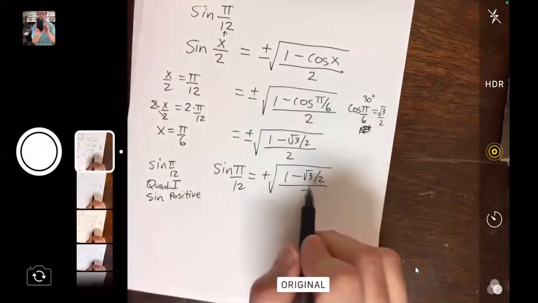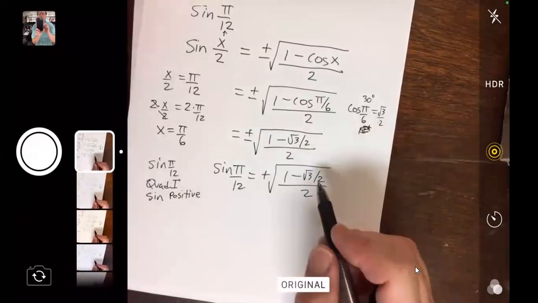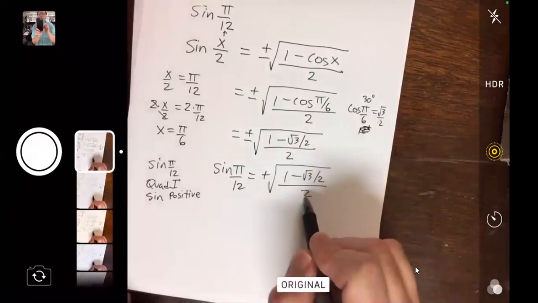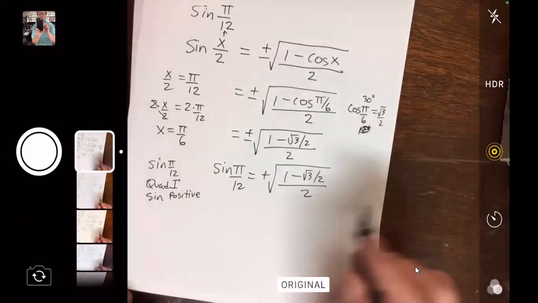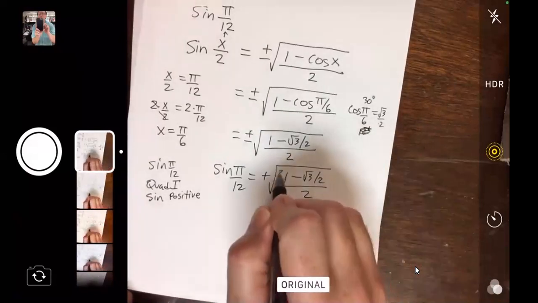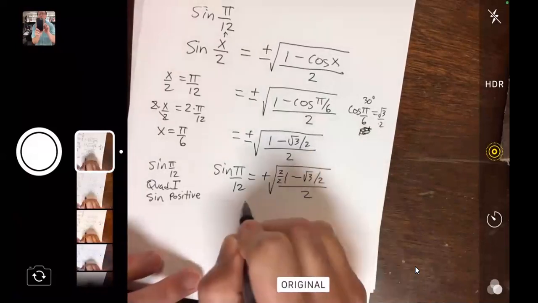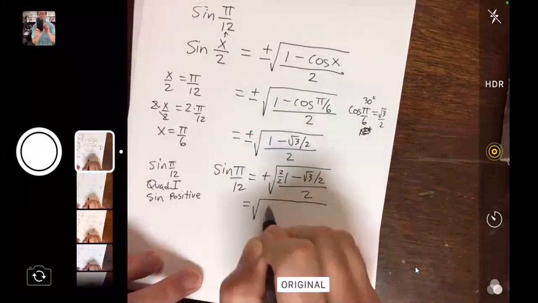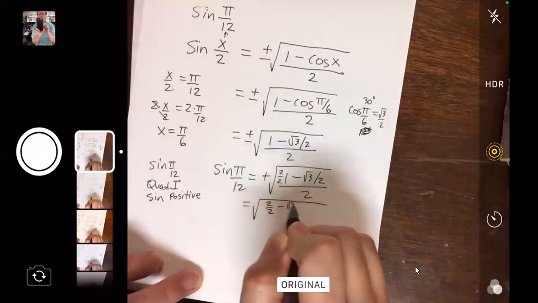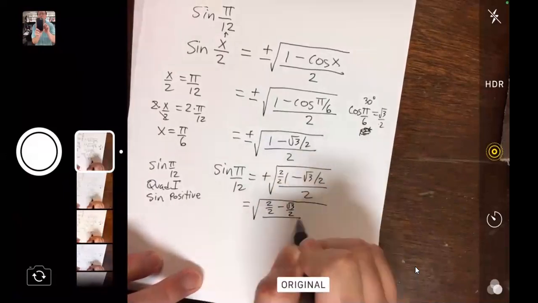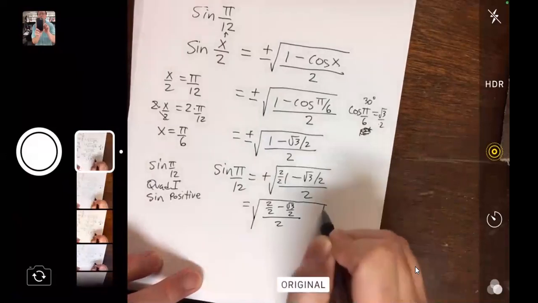Now the book, well, I don't know if it's off WebAssign, but WebAssign will probably want this simplified. You want to see how it's simplified? Sure. Okay, well, your 1 is 2 over 2 to create a common denominator with this. So you're getting a big square root of 2 over 2 minus root 3 over 2, all over 2. It's all under the root.